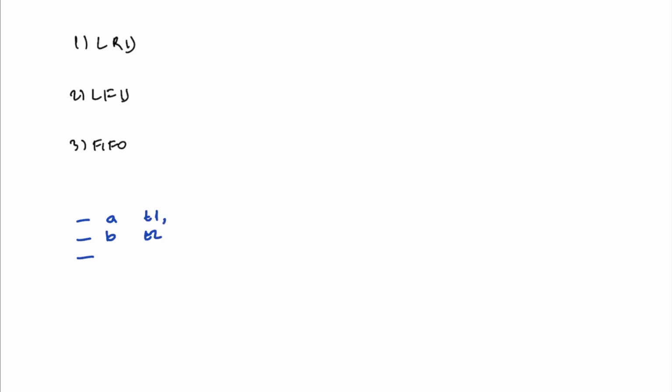And people kept accessing A at times t3, t4, and t5. At time t6, somebody accessed C, and also at time t7. And now somebody accessed a new entry, D, and we need to make room for it in our cache so that we can cache this value.